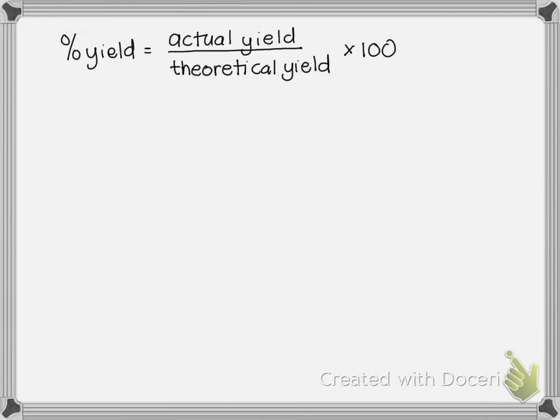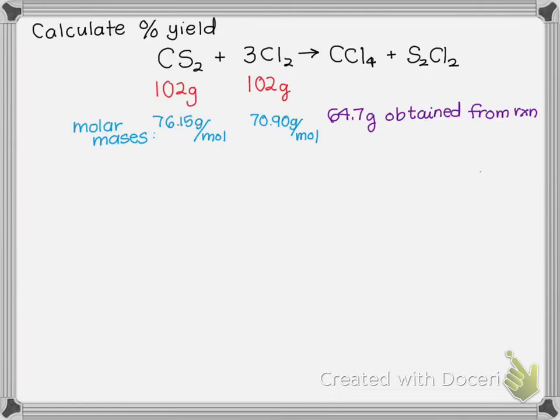We're just doing everything on paper. So the kind of mistakes that you make in lab, perhaps transferring something or not having ideal conditions, don't occur in a theoretical yield because we're just assuming that everything is going to go as it's supposed to. So the actual yield is what you actually get in lab, and the theoretical yield is from the balanced chemical equation, using that in a calculation.